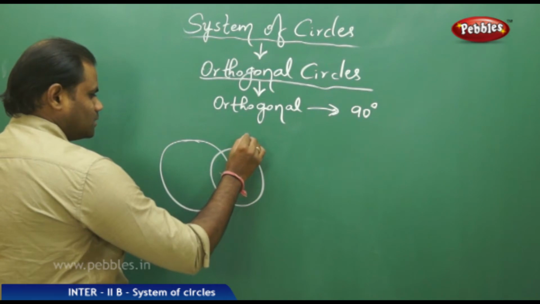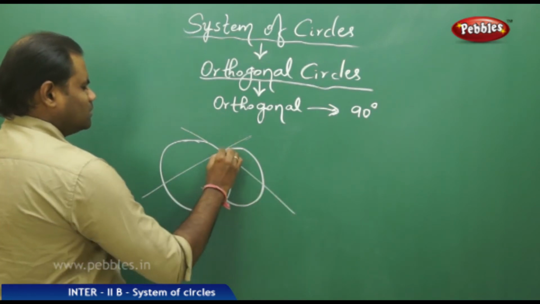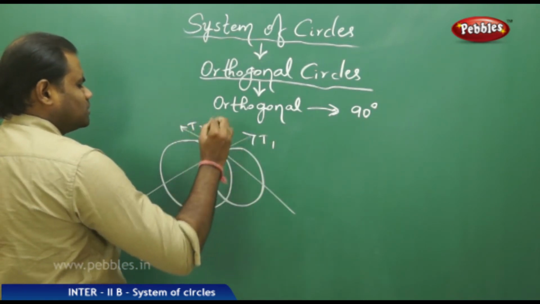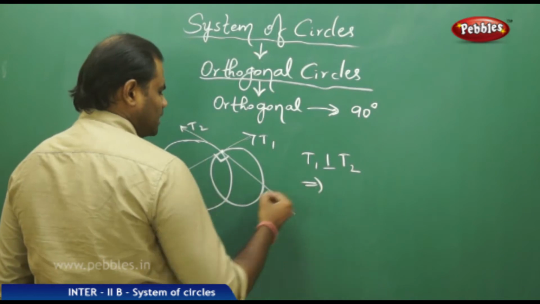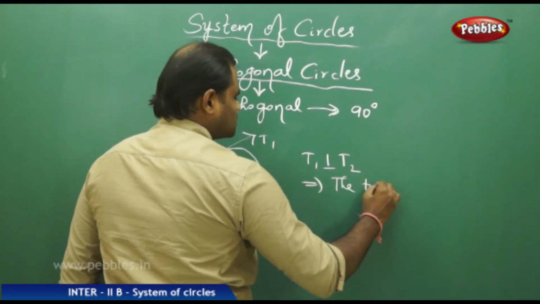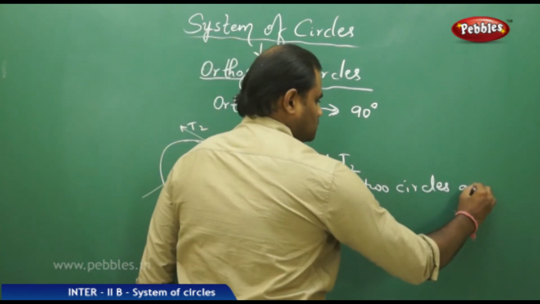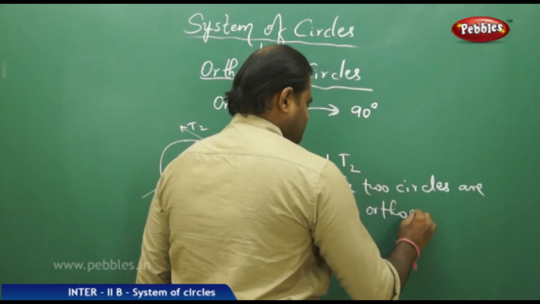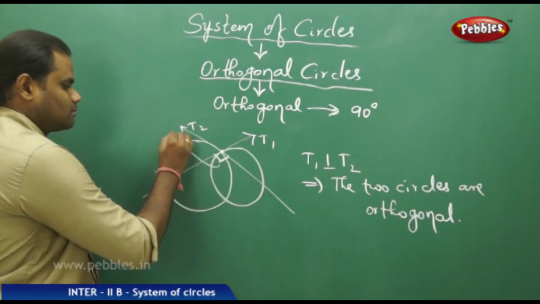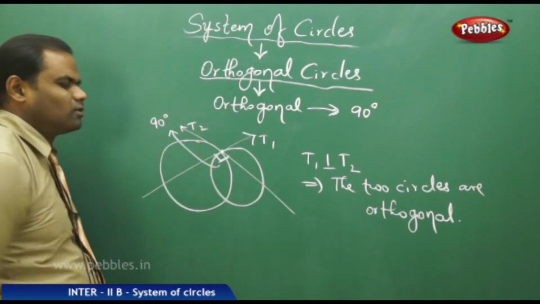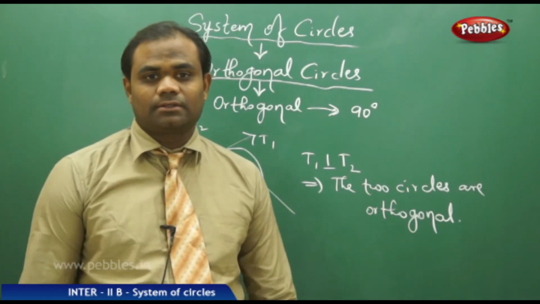That is, if the angle between the tangents T1 and T2 is 90, that is, T1 is perpendicular to T2, it implies that the two intersecting circles are orthogonal, and the angle is 90 degrees. The condition for orthogonal circles is that the angle equals 90 degrees.